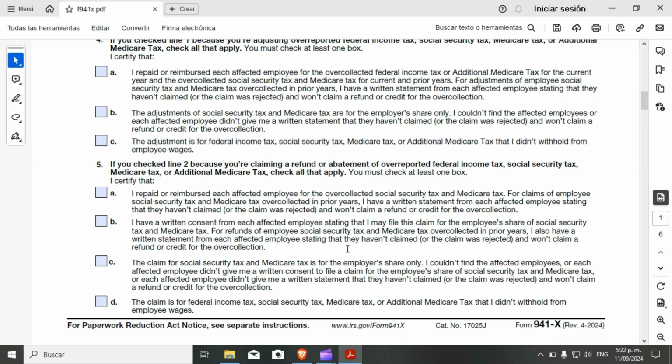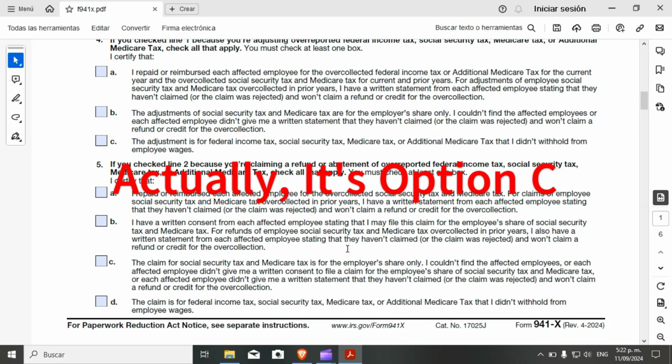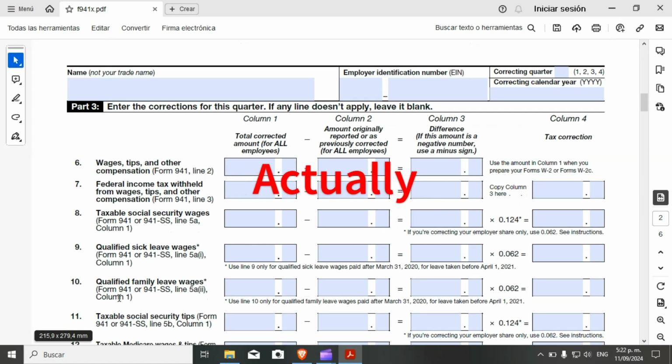Or part D is you're claiming only the employer's part, right? The business's part, and then each year your employees can file their part and get their portion of their refund individually. So that's what we recommend for simplicity and for speed. That way it keeps things as uncomplicated as possible. And remember, when you're dealing with the government or with the IRS, you want to keep things simple. Okay, so check box D and let's keep it moving.